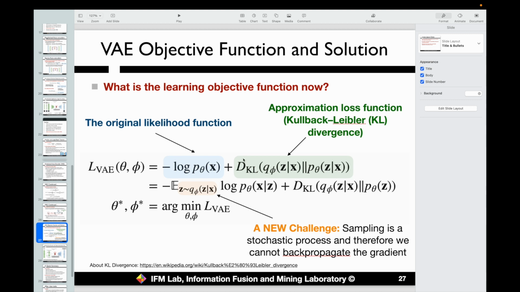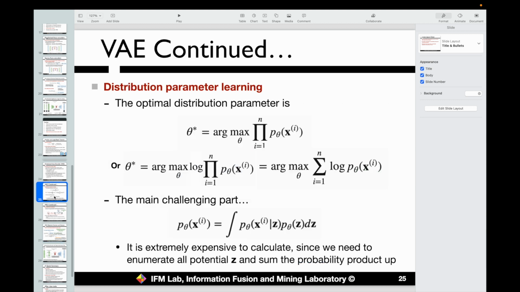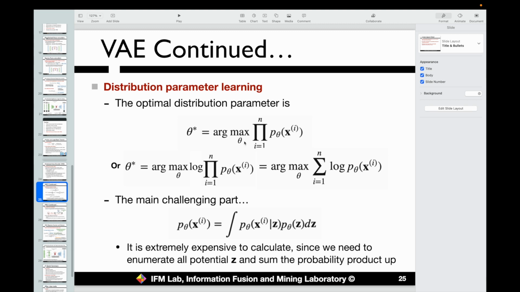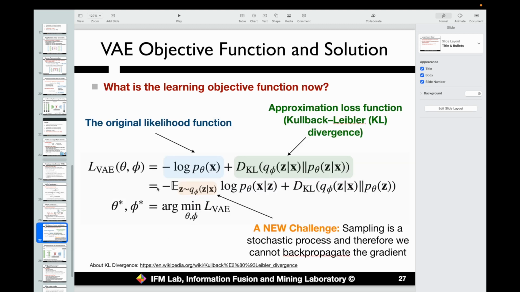Then we can define a loss function. Before, we said that we want to maximize this term, then we can add a minus sign here, and we want to minimize this term instead. This is similar to what we covered, so this term is similar to what we show here. Here we maximize this term, and instead we minimize this minus term. And we also minimize this KL divergence between the approximation distribution and the true distribution.